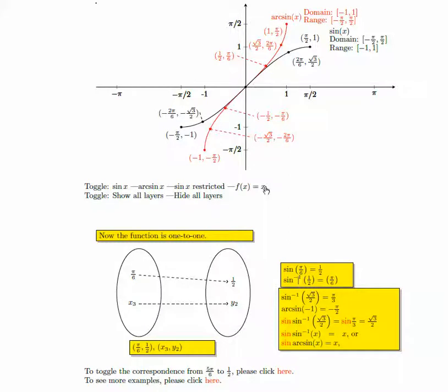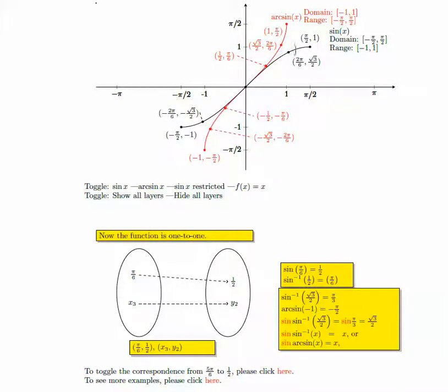Symmetric with respect to what? To this dotted line, y equals x. So if you switch x and y, then another point will be right here. The function will be symmetric with the dotted line here, y equals x.